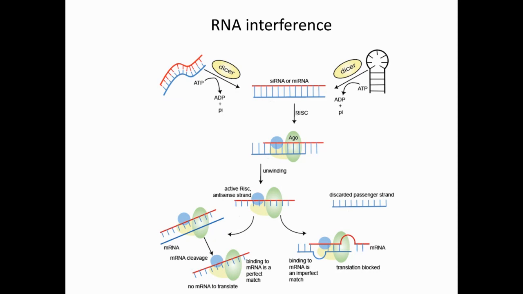So basically, RISC will unwind the double-stranded RNA and select the antisense strand. Then the RISC complex's protein subunit, which we call AGO, guides the complex to the target messenger RNA.